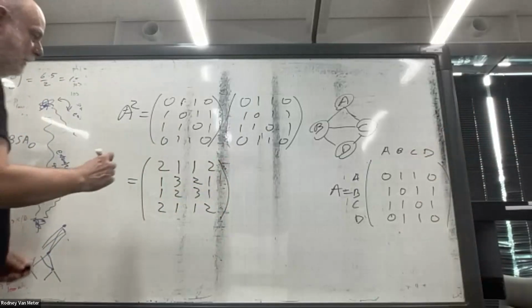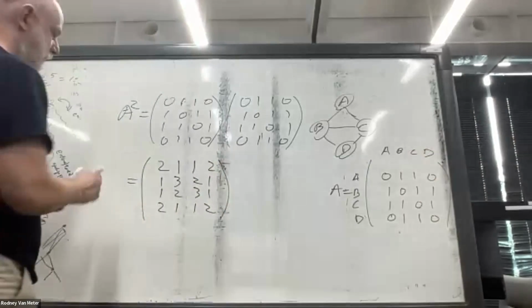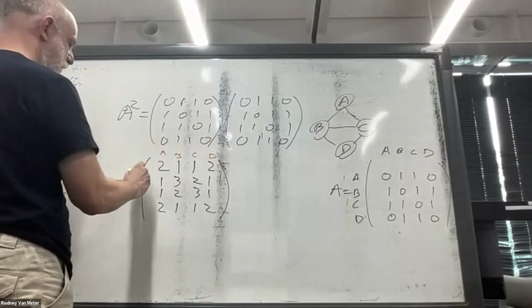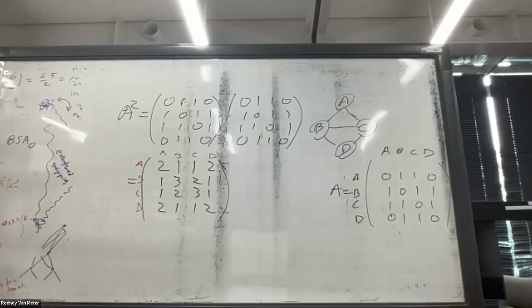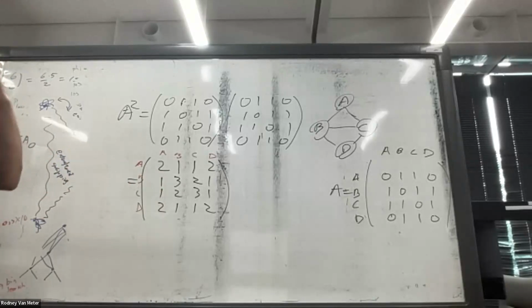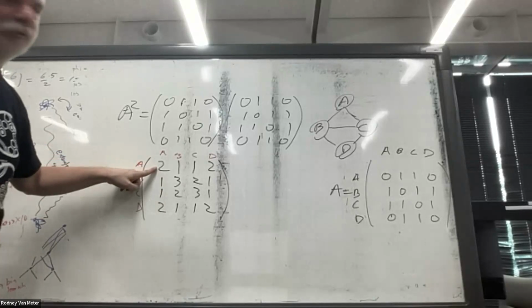This means, again, if these are A, B, C, and D, A, B, C, and D, now, interestingly, this tells us that there are 2 paths that start at A and come back to A after 2 steps.